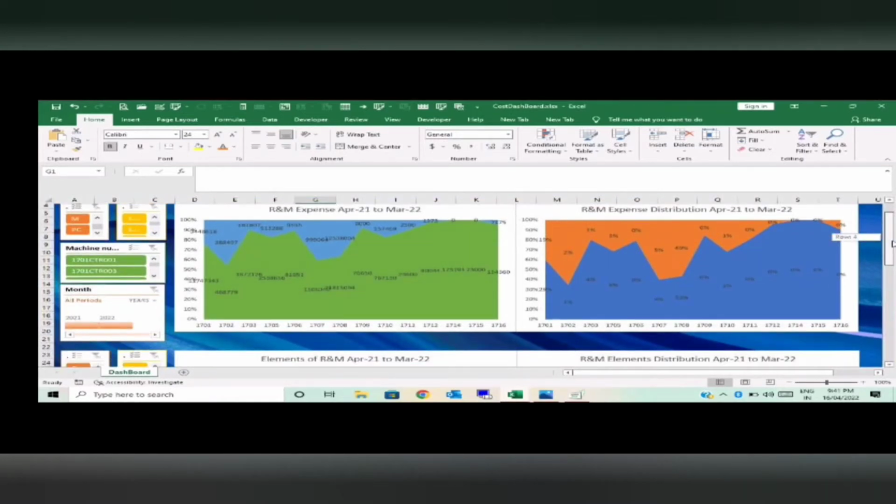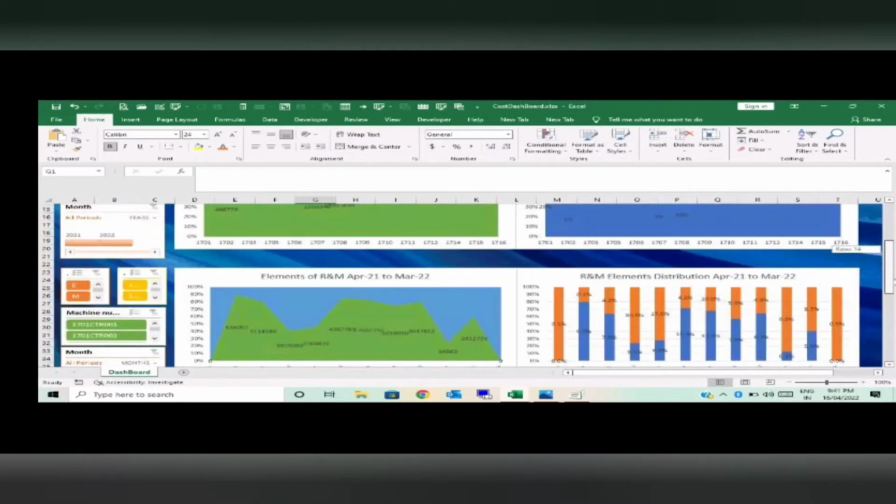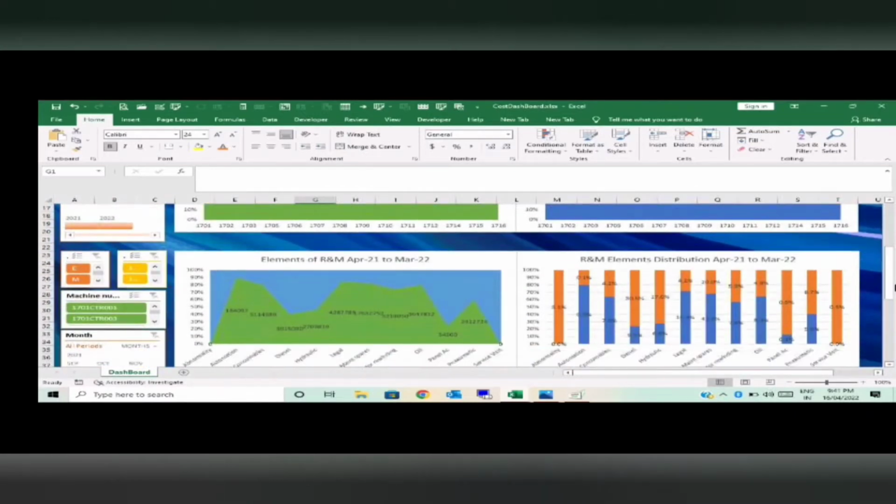You can see the amount of money spent and the percentage. From this we can easily identify 1701, 1708, 1707. These are the areas of focus. Correct. Now the elements. What are the elements?